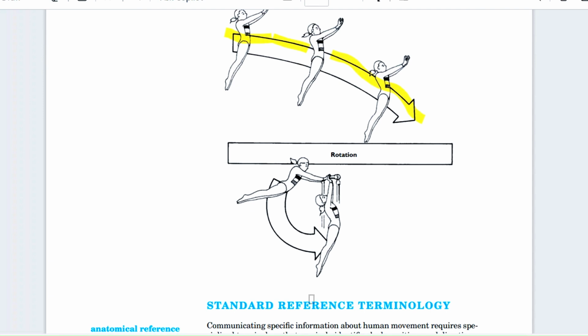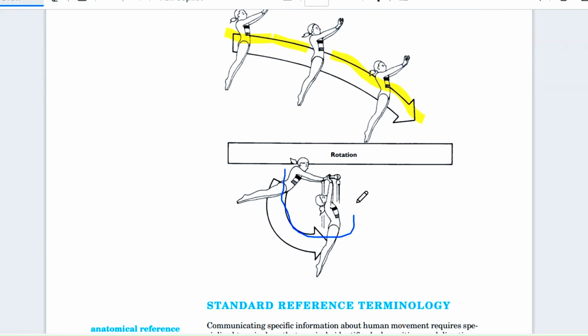A gymnast or an athlete performing a giant circle on a bar. As you know, the full body rotates and completes its rotation around a single bar, which is known as the giant circle.